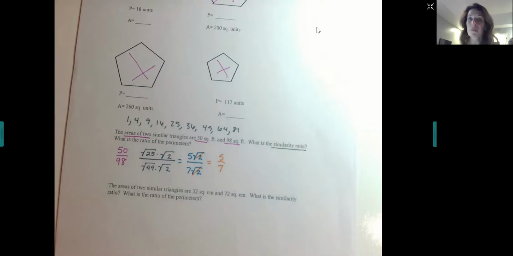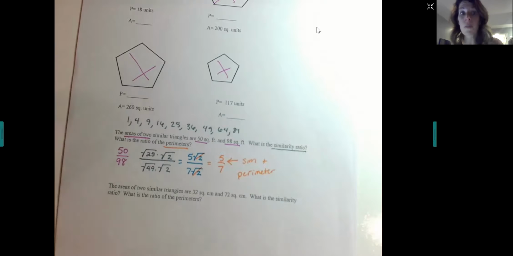So my similarity ratio is 5/7. That is the same as my perimeter ratio. So both similarity and perimeter. If you are given an area ratio, you need to take the square root of it, do not divide by 2, to find our similarity and perimeter ratios.